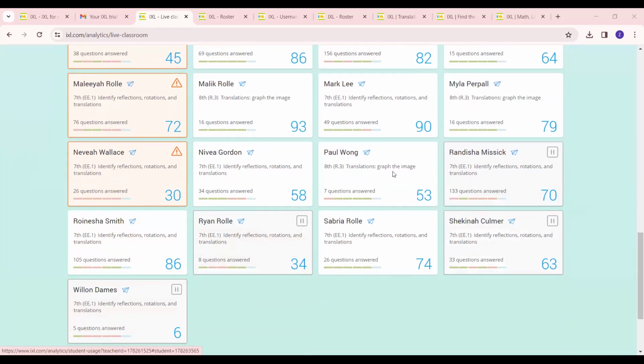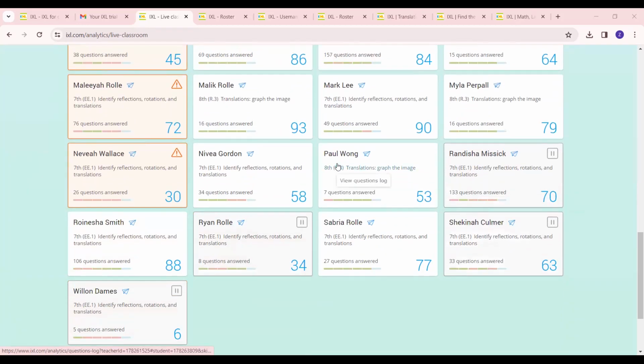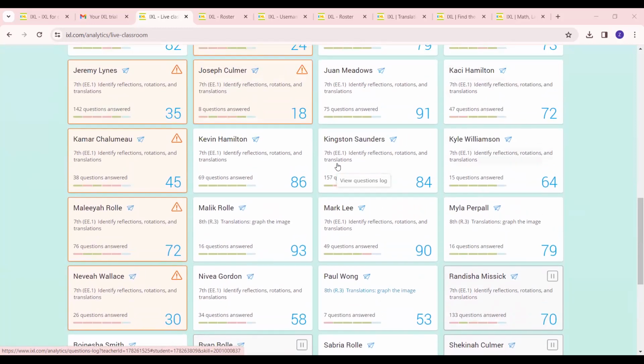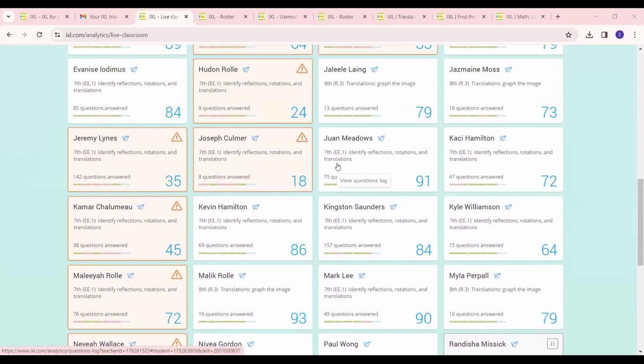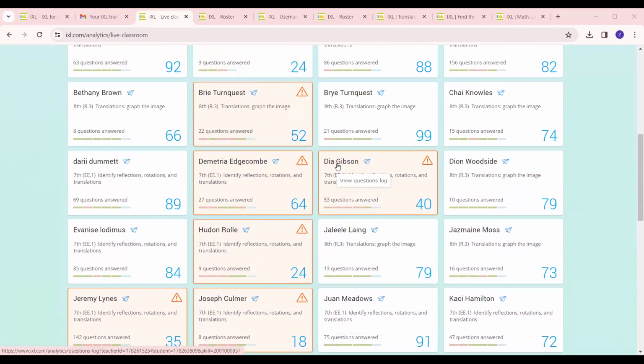Okay, good. Once you are over 70, move on to quiz 2. But you have to take a picture of your work and send it to me, please. Once you are over 70, take a screenshot of it and send it to me, please. Then you can move on to quiz 2.